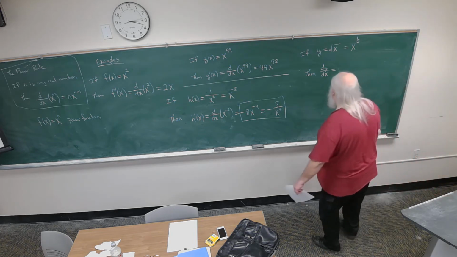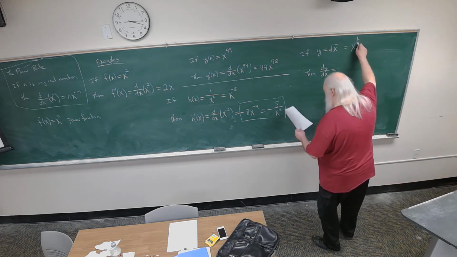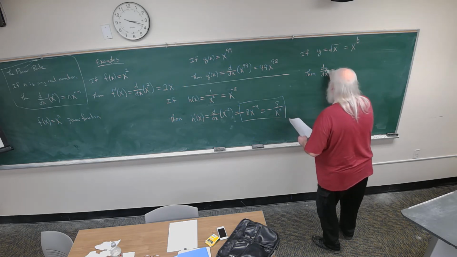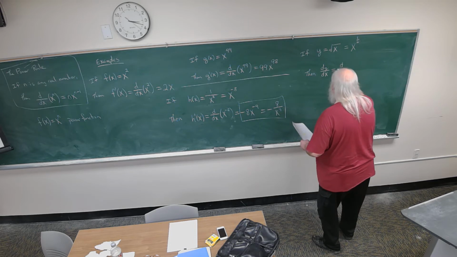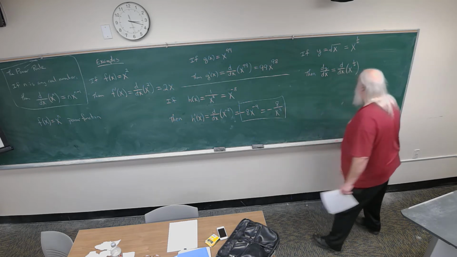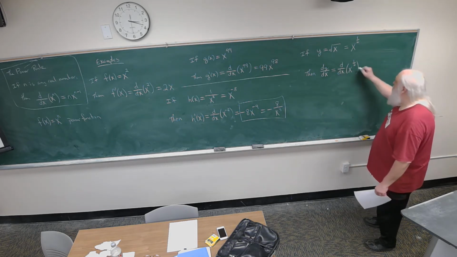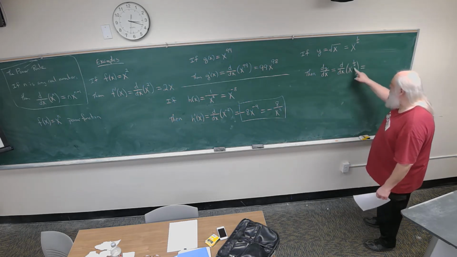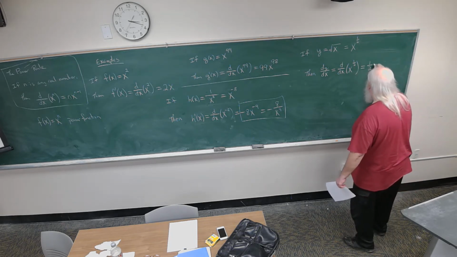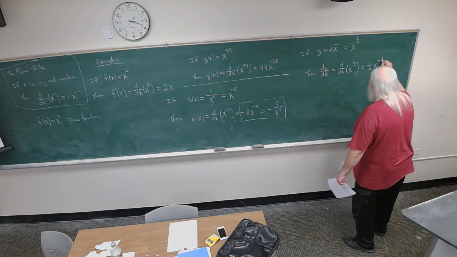The derivative of y with respect to x is equal to the derivative of x to the 1/2 with respect to x. And now using the power rule, you bring the 1/2 down in front of the x, subtract 1 from the exponent.